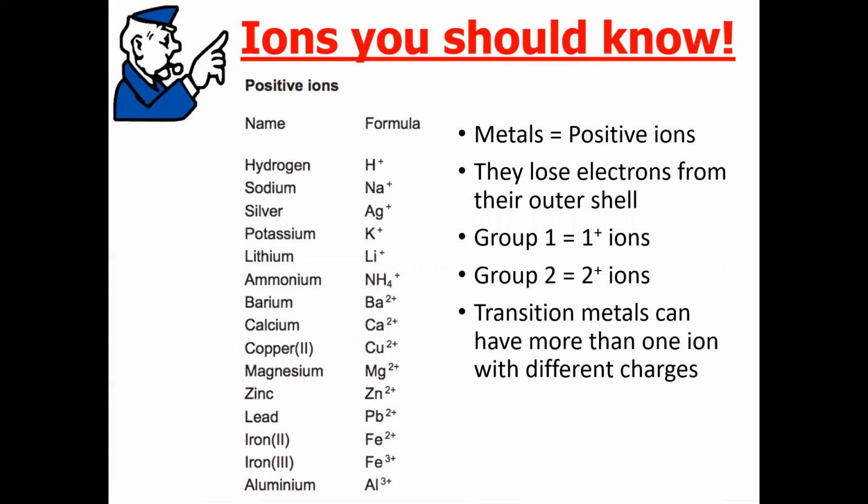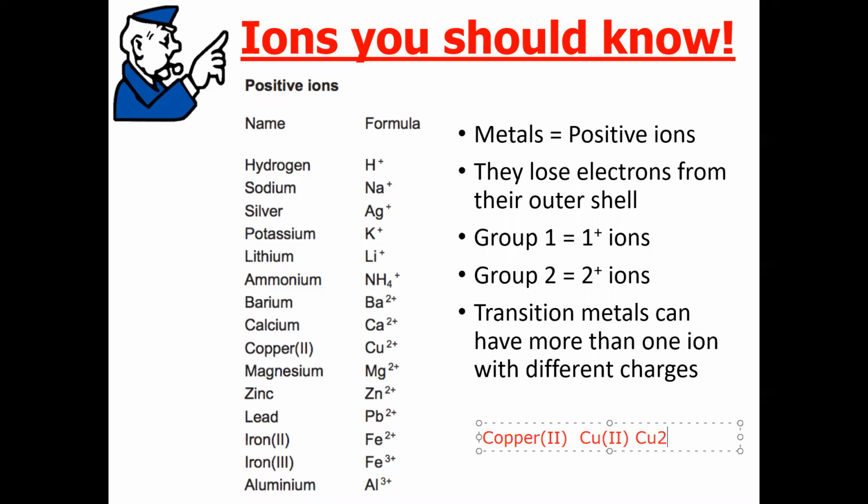Transition metals can actually have more than 1 ion with different charges. Now, for example, if I took something like copper, copper sometimes is written like this with Roman numerals in brackets, or even like this with the symbol with the Roman numerals. Now, what that means is that's a copper 2 plus ion.